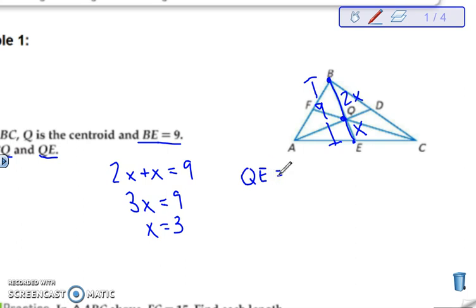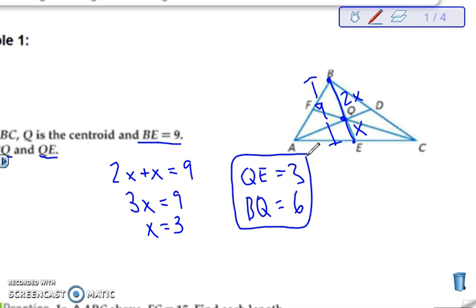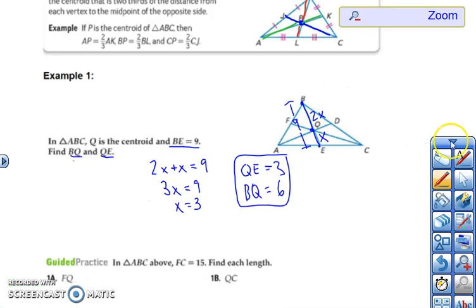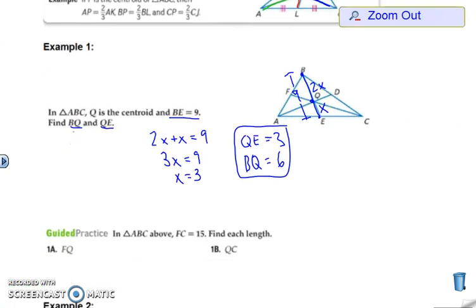Well, QE was just X, which in our case turned out to be 3. BQ was 2X. Well, if X is 3, I double that to get 6. And everything is worked out because the large section is twice as big as the small section, and the total comes out to 9.